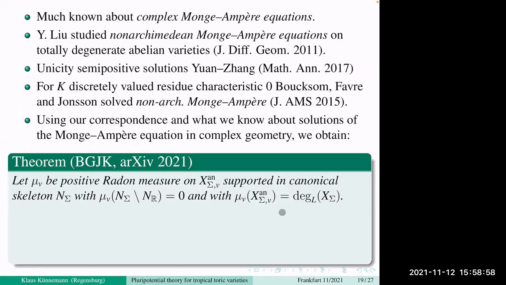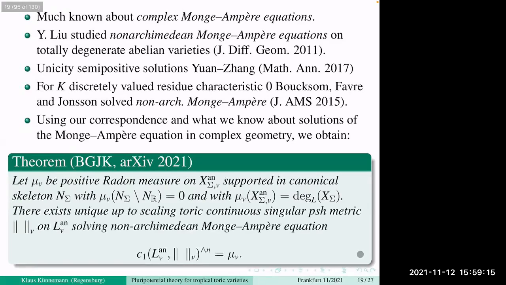The Monge-Ampère measures always have this degree as their total mass, so we have to require that this normalization condition holds if we want to solve the equation. Then there exists a unique up to scaling toric continuous singular PSH metric solving the non-Archimedean Monge-Ampère equation. Using our correspondence, we get the solution of the non-Archimedean Monge-Ampère equation from the solution of the corresponding complex Monge-Ampère equation.